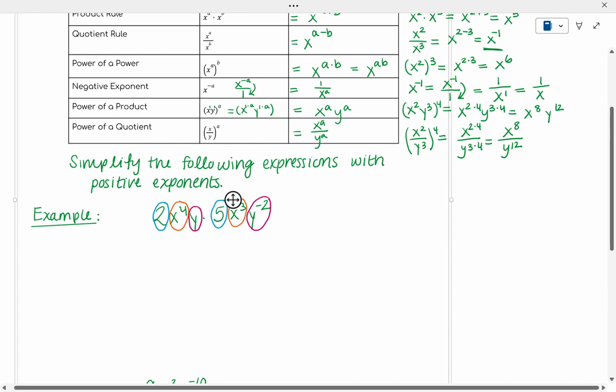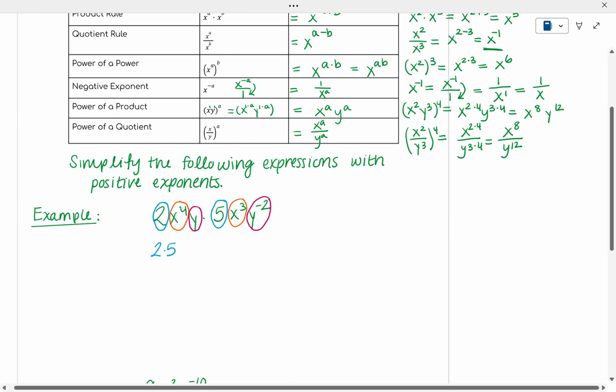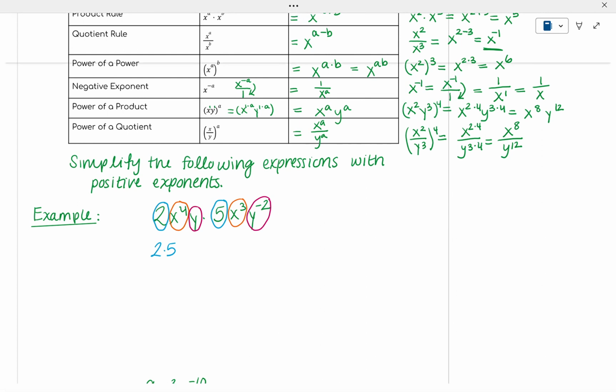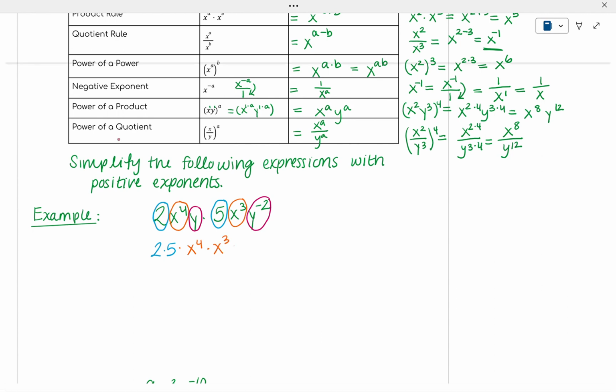We're multiplying, so this becomes 2 times 5 times x to the fourth times x cubed times y times y to the negative 2.